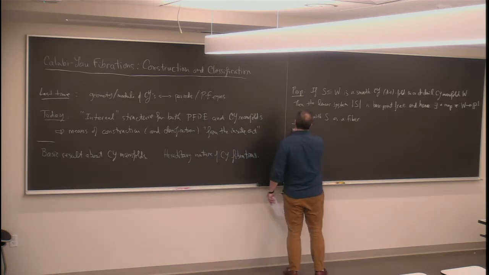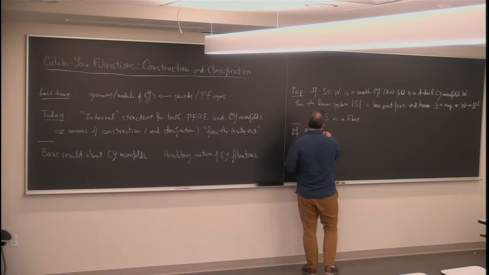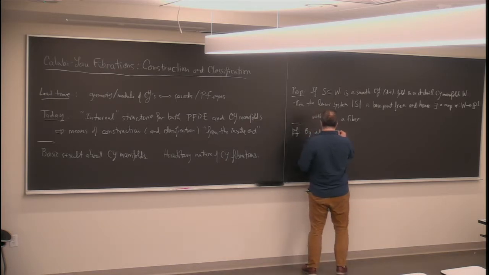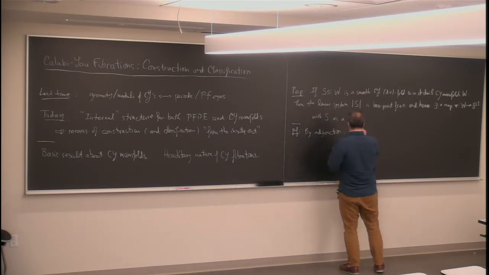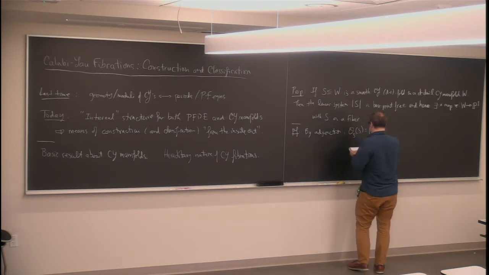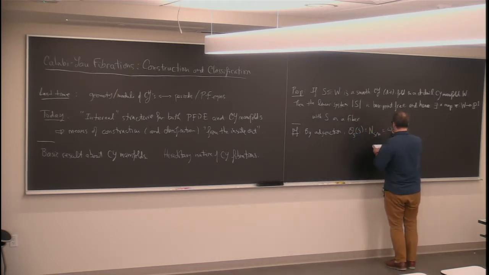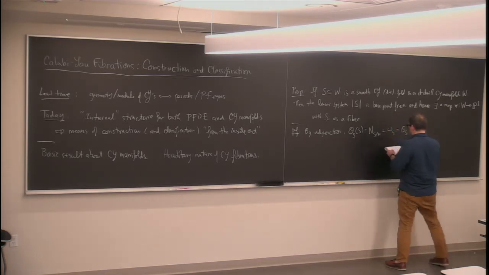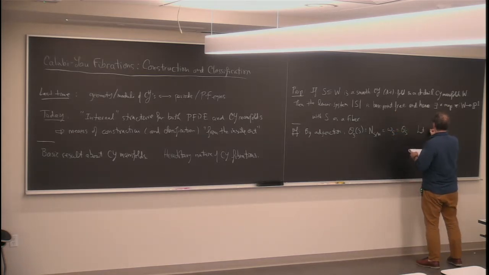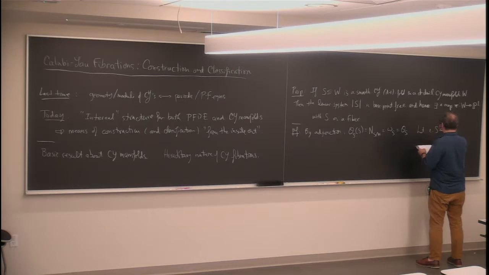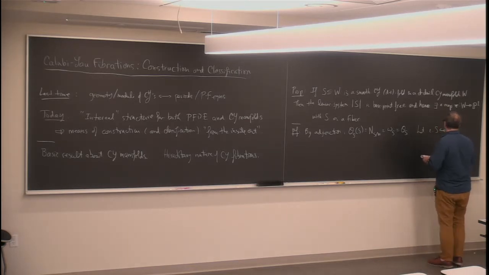Okay, so proof. By adjunction, the normal bundle of S in W, the relative normal bundle, is the canonical bundle, which is O_S. Let iota from S into W be the inclusion.